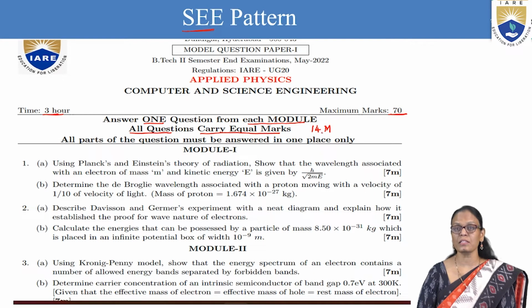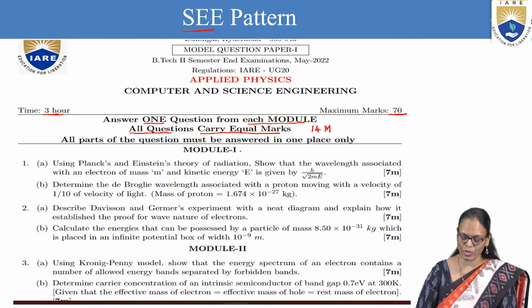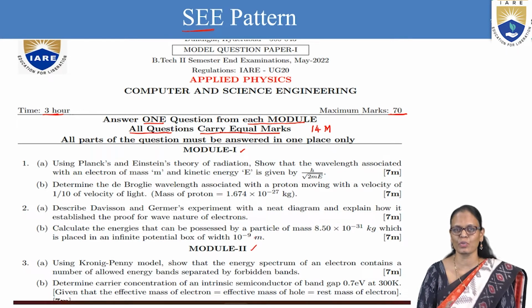Each question carries 14 marks and there will be an internal choice inside the module. For module 1 and 2, you will be given only one question where there will be no choice. But for module 3, 4 and 5, you will be given 2 questions out of which you can answer any one. From each module, you will be answering 1 question and each question carries 14 marks.